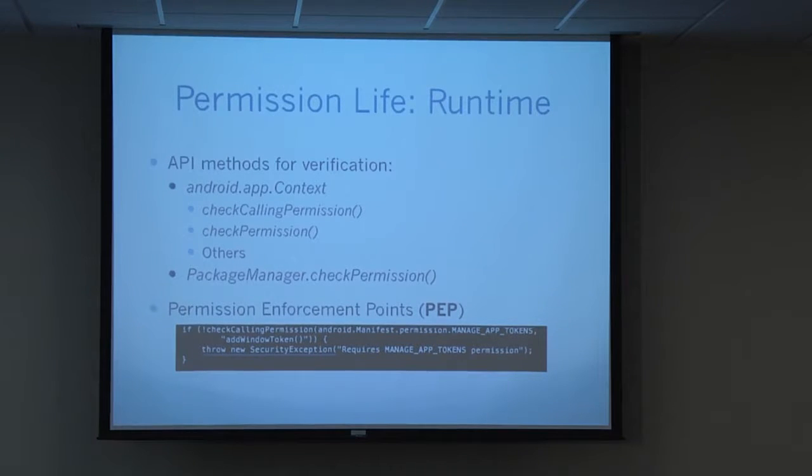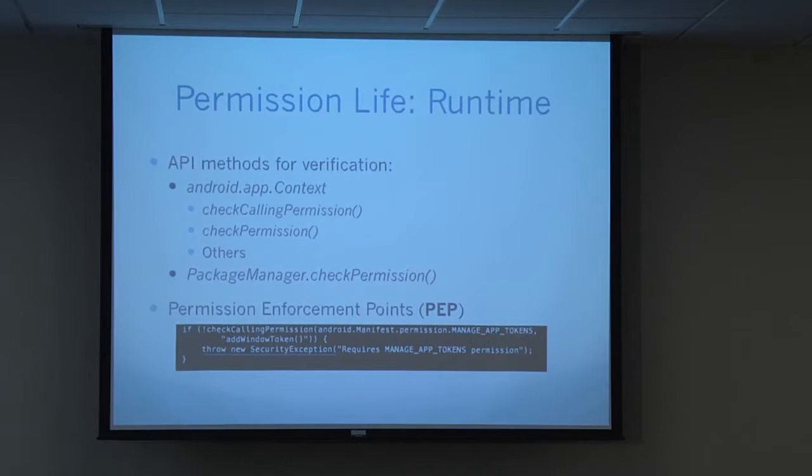In this case here, and this is typical, they'll attempt to verify that a permission is had by the calling process. And if it does not have that permission, it'll throw a security exception. That's the typical way to do it, but we'll see that that's not always how it is.